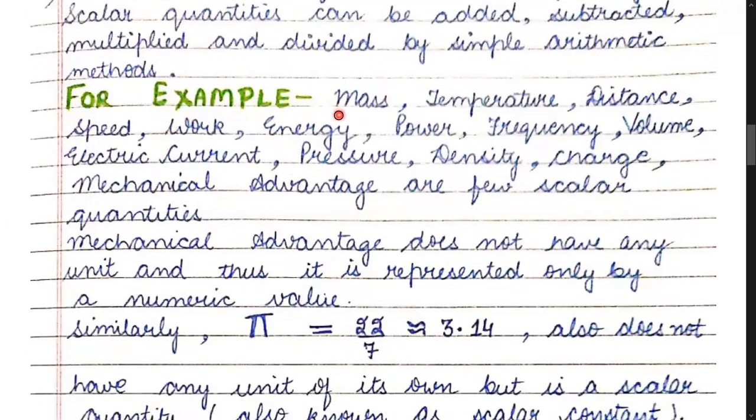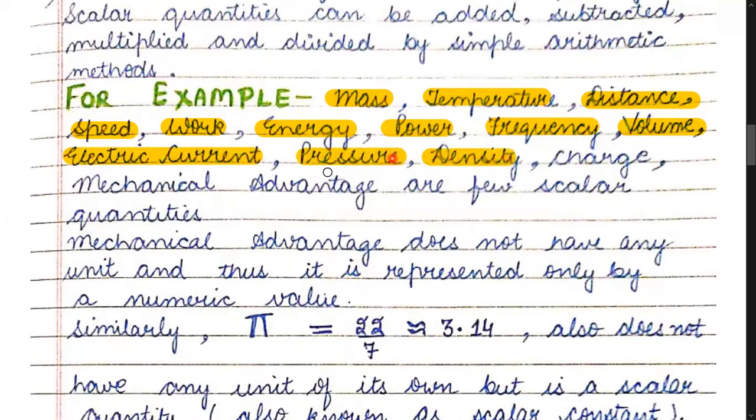Now, certain examples of scalar quantities are mass, temperature, distance, speed, work, energy, power, frequency, volume, electric current, pressure, density, charge, mechanical advantage.